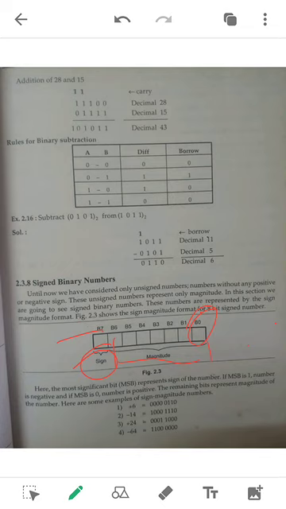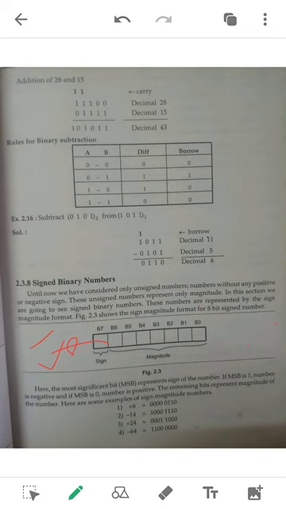Please remember, if the MSB is 1, then it is a negative number. If MSB or B7 is 0, then it is a positive number.